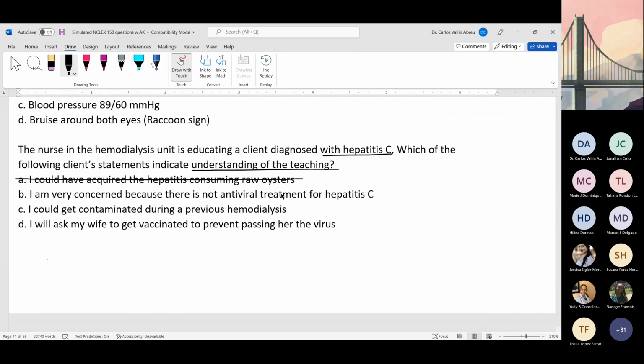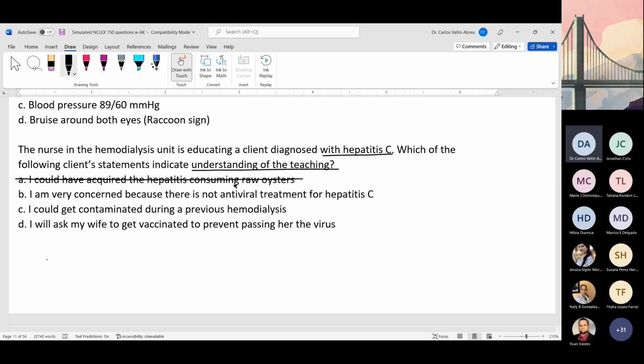It's true. Nowadays, we have very good and efficient curative treatment for chronic hepatitis C. What we don't have is a vaccine, but we have treatment for the patient with hepatitis C that becomes chronic, which is a complication where the patient doesn't clear the virus from the liver.